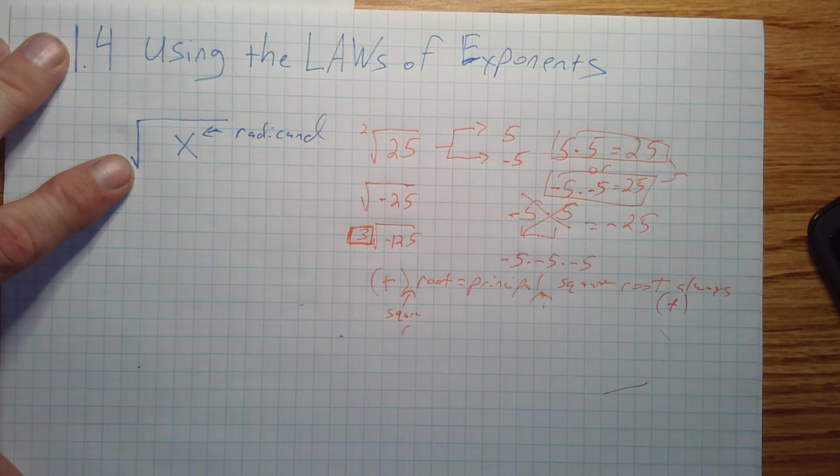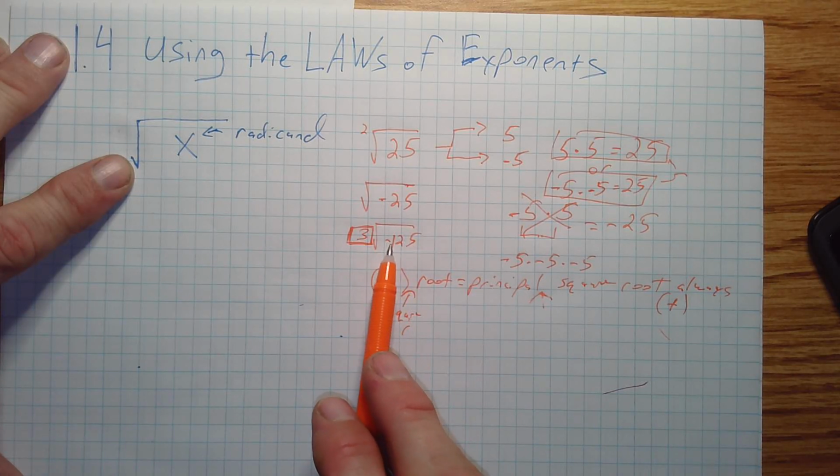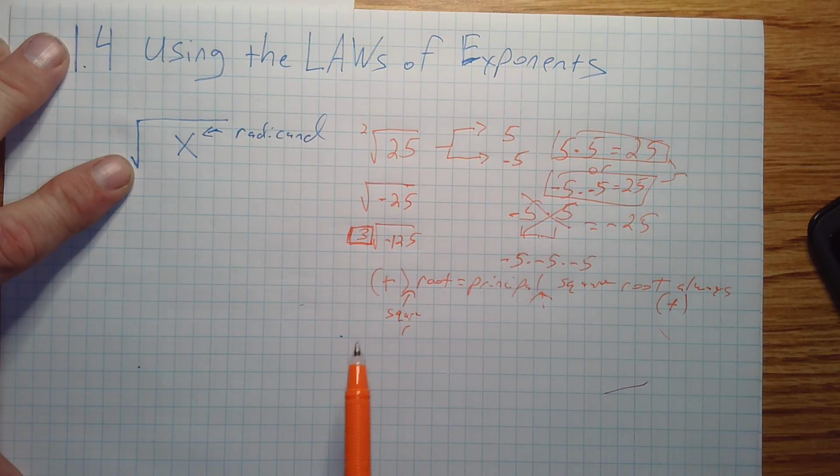But anytime you have a positive root, it'll always be a positive number under here. If it's a negative number, it's not possible.